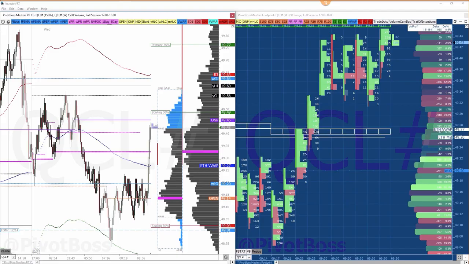So this is usually the death knell. If you see major sell imbalances form at VWAP in a downtrending market and they can't keep it offered, then these participants get stuck and you see this thing squeeze. So that was very, very important.